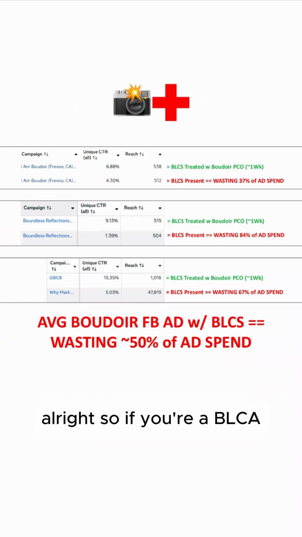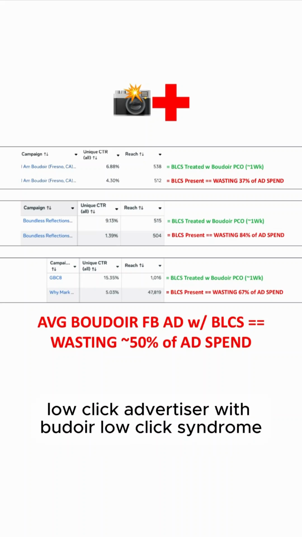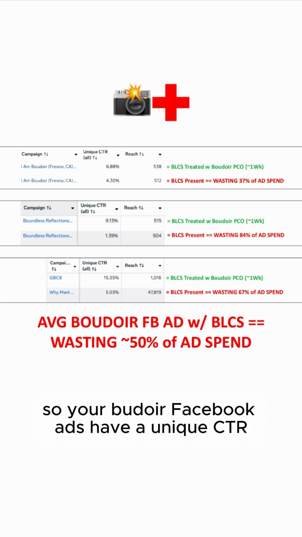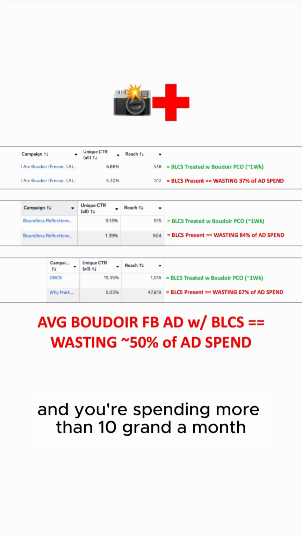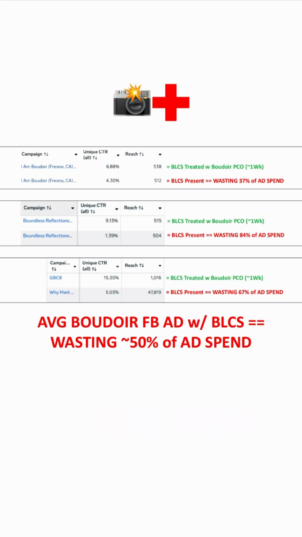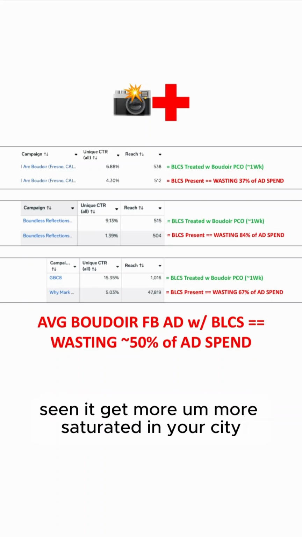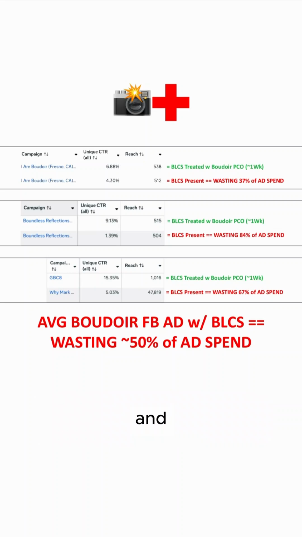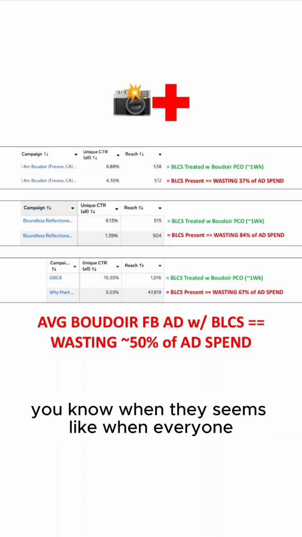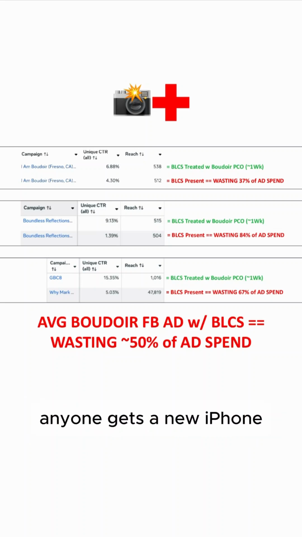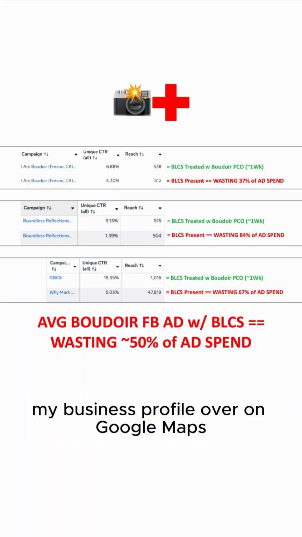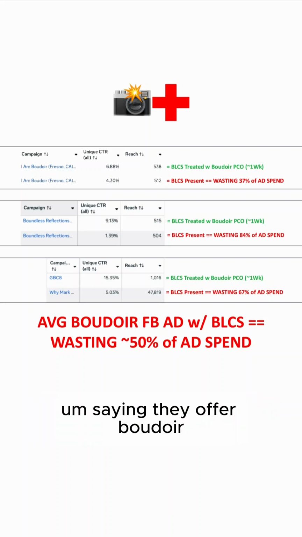So, all right, if you're a BLCA with BLCS, a Boudoir low click advertiser with Boudoir low click syndrome, so your Boudoir Facebook ads have a unique CTR under 6%, and you're spending more than 10 grand a month on Boudoir Facebook ads, and you've looked out at the marketplace, seeing it get more saturated in your city, and you're seeing more and more women, it seems like anyone who gets a new iPhone is throwing up a new Google My Business profile on Google Maps saying they offer boudoir.